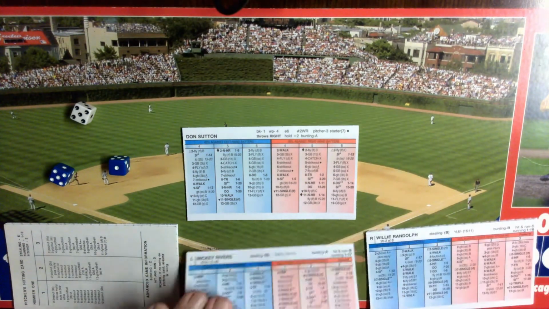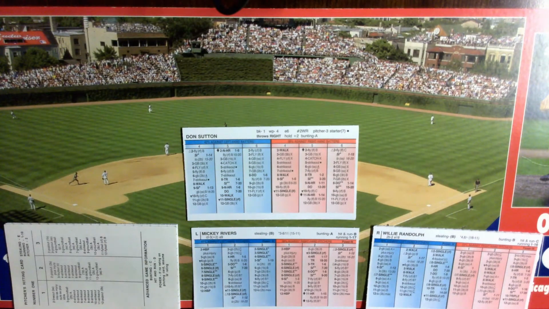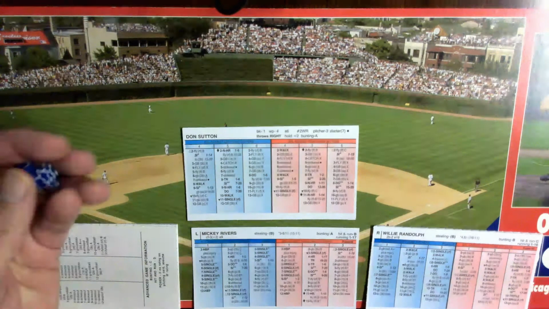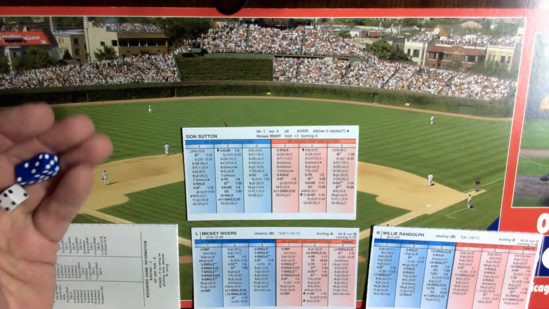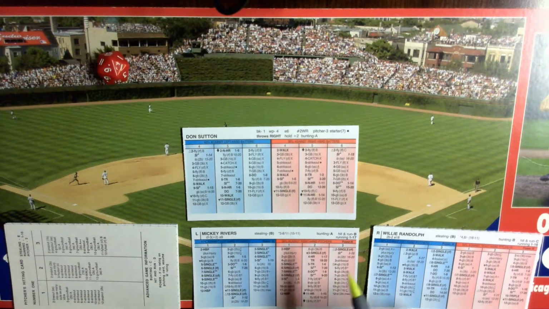All right, top of the Yankees order, Mickey Rivers. Rivers is 1 for 2 with a single in the first and a ground out to third in the third. So that's a 2 and a 5 against a right-handed pitcher. A 2 and a 5 is a triple 1 to 6, or a single 7 through 20. And that is a single.